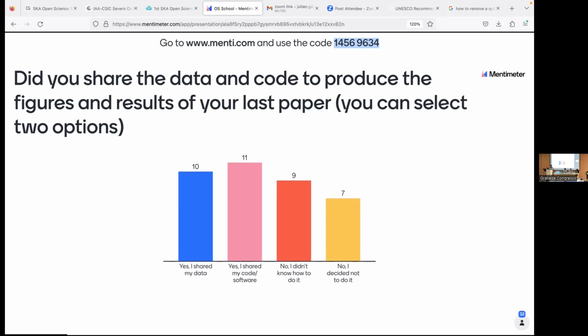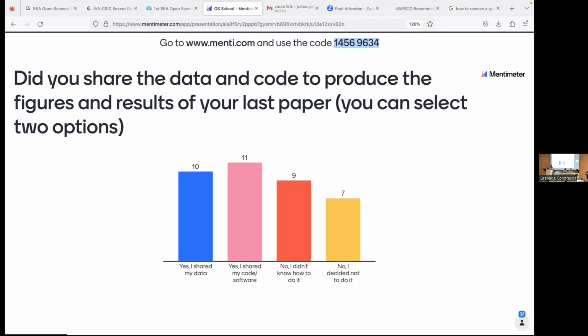Can I jump in? In my case, my answer is not there. I flagged the yellow, but in the last paper I couldn't properly share anything because it's commissioning and validation work, so it's not purely active research in astrophysics. There is no real secret, obviously, but it's an activity that cannot be shared. So maybe in a future questionnaire, you can add this option, just to trigger the discussion.